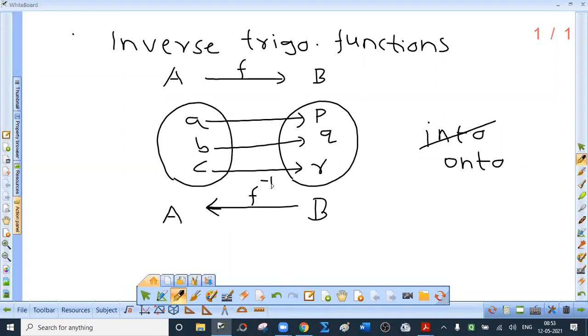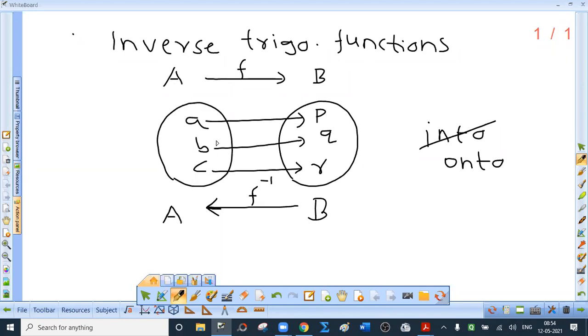We write this as f raised to minus 1, but we have to read this as f inverse. Clearly, for f inverse and f, the domain and range are interchanged. For example, in this case, for the function f, domain is set A, range, that is codomain, is set B. For f inverse, domain is set B and range, that is codomain, is set A.